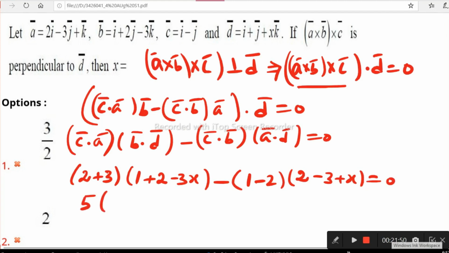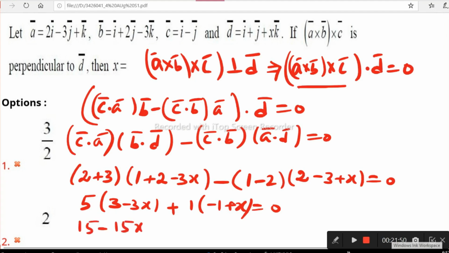5 of 1 plus 2 is 3, so 3 minus 3x, with minus 1 minus 2 is minus 1, minus or minus is plus 1, so plus 1 of minus 1 plus x is equal to 0. From this again, 5 times 3 is 15, minus 15x, minus 1 plus x is equal to 0.